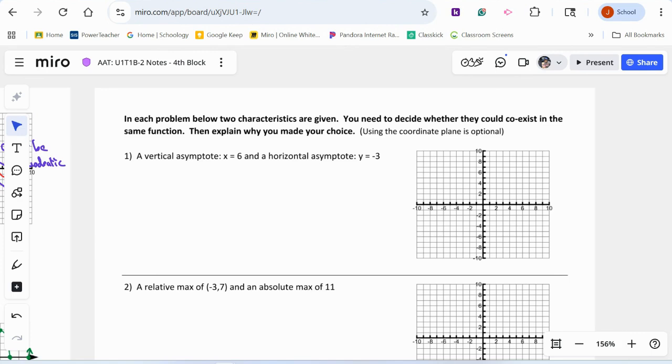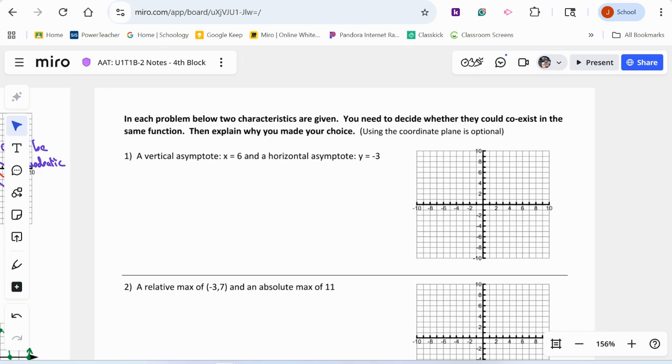Now, if you don't think they can coexist, if there is something foundational in the definition of these characteristics that makes them mutually exclusive, then we want you to explain what that is. That is really going to force you to understand these characteristics at a deeper level, and not just at the shallow level where you can recognize them but not really describe them in more detail.